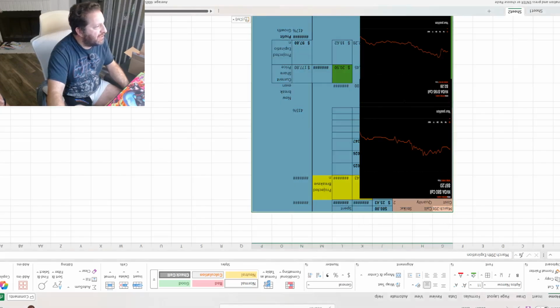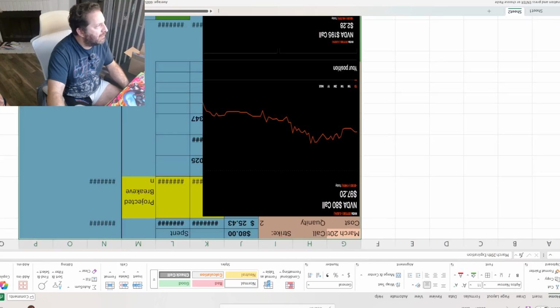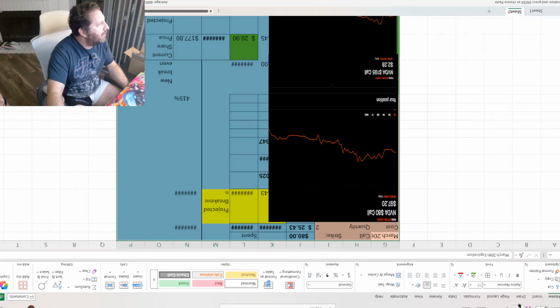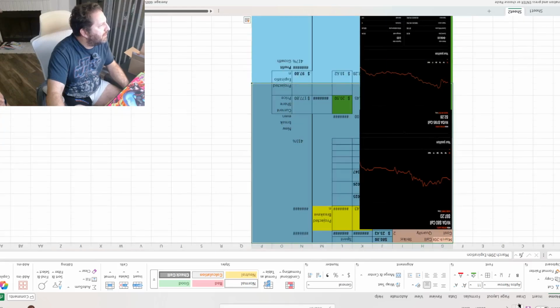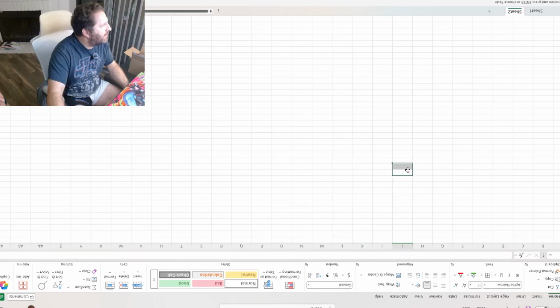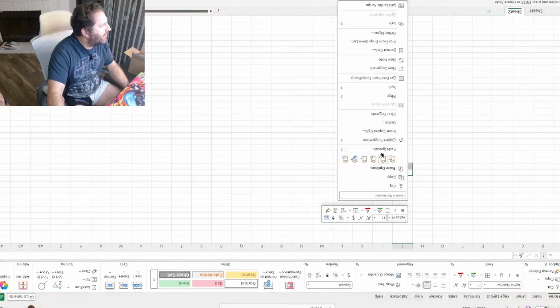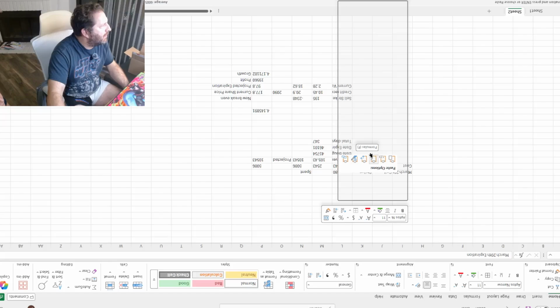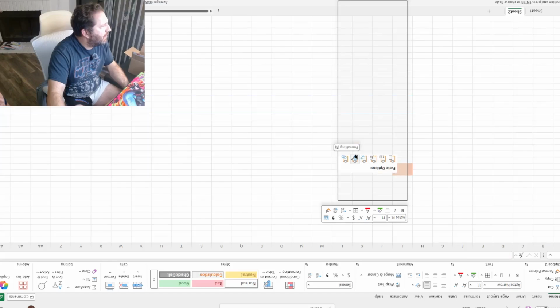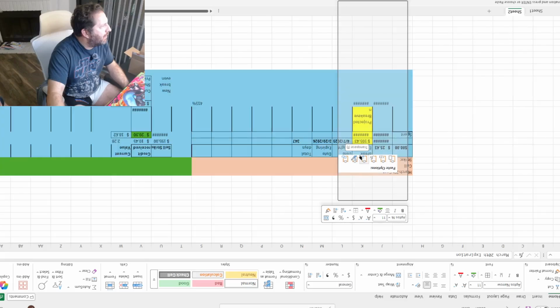Let's see if we go into the cells. It didn't do it the right way. Undo. Let's see if there is a way to do it like this. No, there's a way to put.